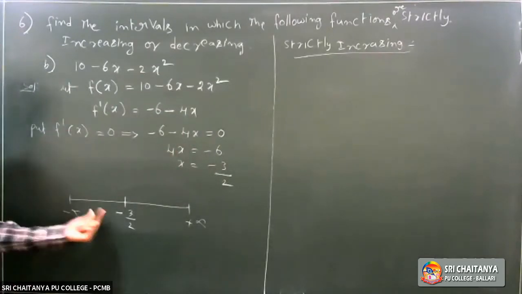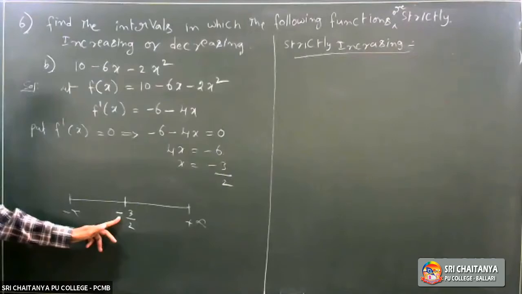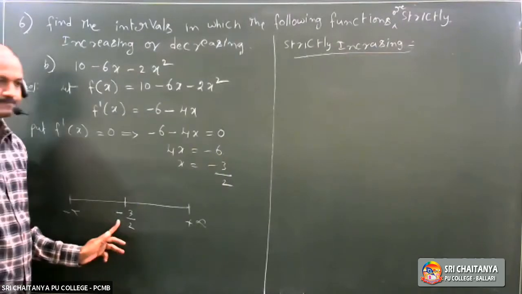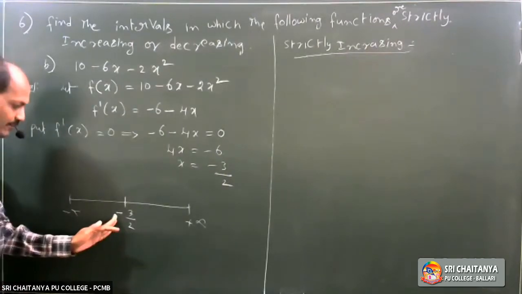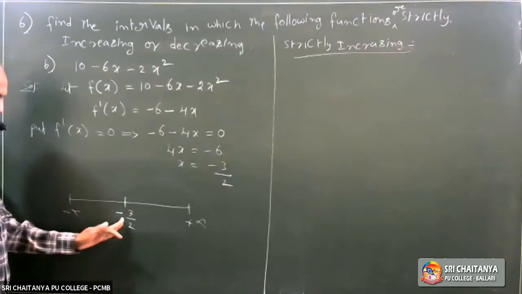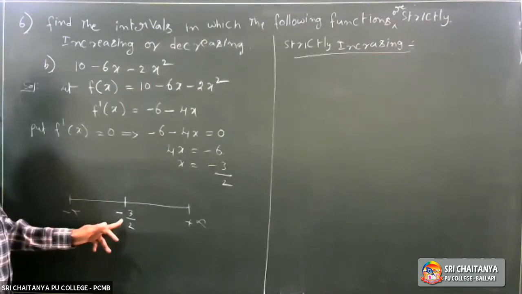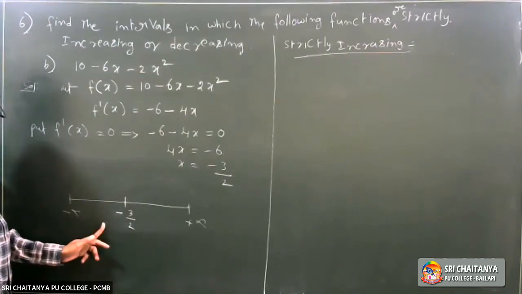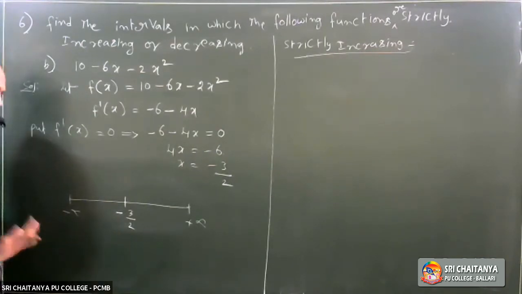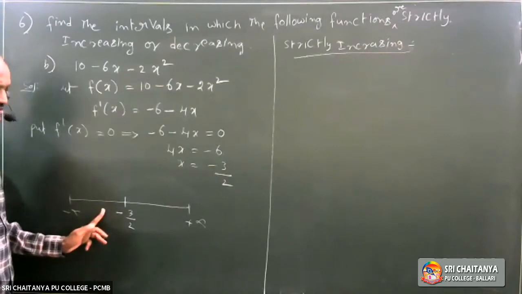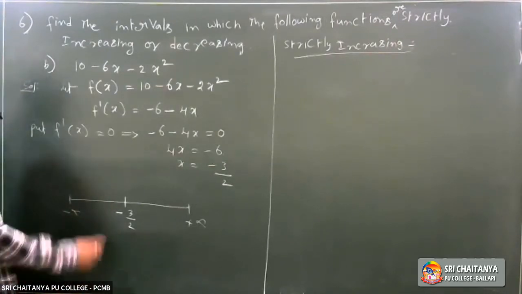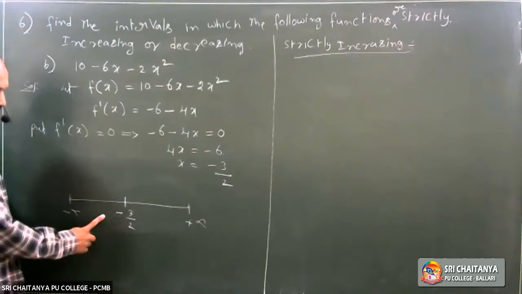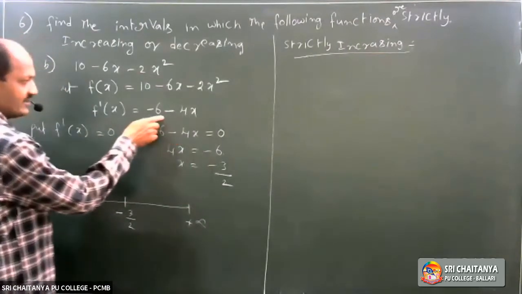Then verify. The first derivative is minus 6 minus 4x. Verify in these intervals. Minus 3 by 2 is minus 1.5. Before values: minus 2, minus 3, minus 4, and so on. For example, x equal to minus 2, consider. If x is equal to minus 2, what is the first derivative?